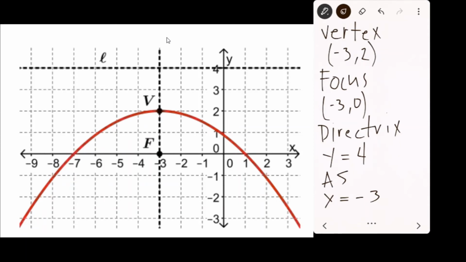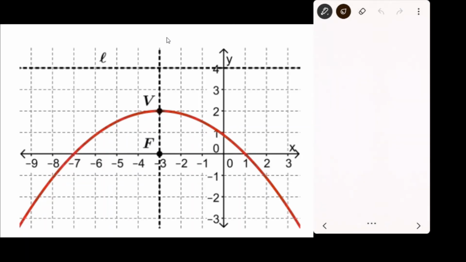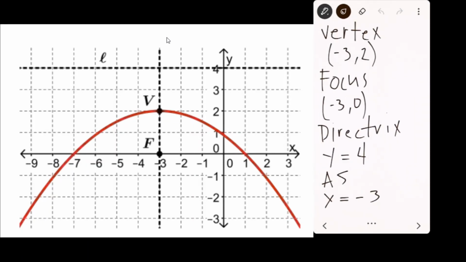Now, try natin ibigay yung equation. So yung equation natin will be, since it goes downward, x minus h squared equals 4p times y minus k. Okay, ito yung gagamitin natin kasi it goes downward. Now yung value ng h and k natin will be negative 3 and 2.